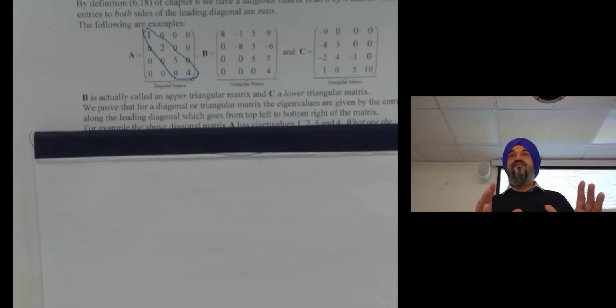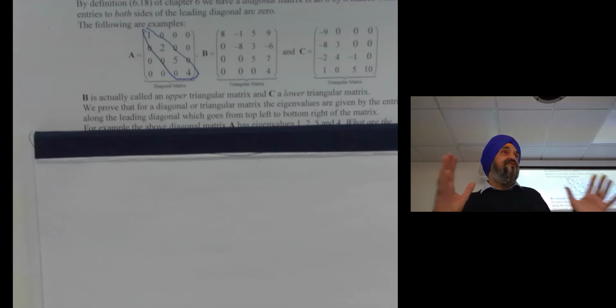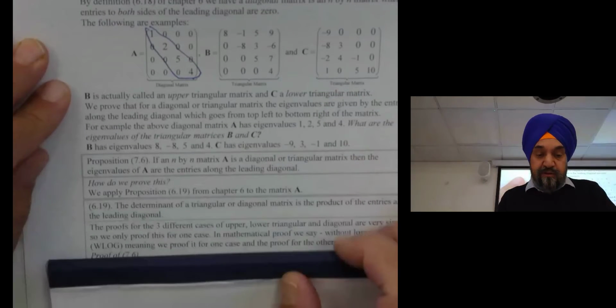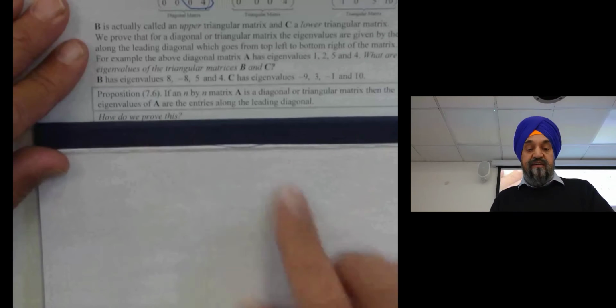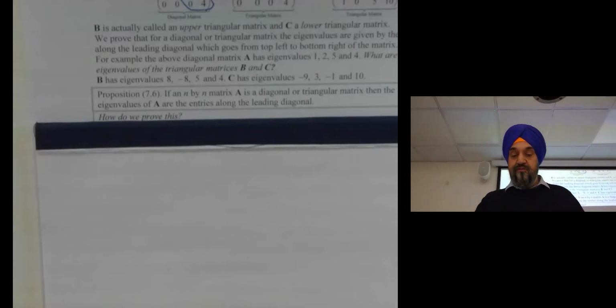If you've got a triangular matrix, that's why I said those triangular and diagonal matrices are good. Okay. Let's prove it. Let's prove that if you've got an n by n diagonal or triangular matrix A, then the eigenvalues of A are the entries along the leading diagonal. How do we prove this result?